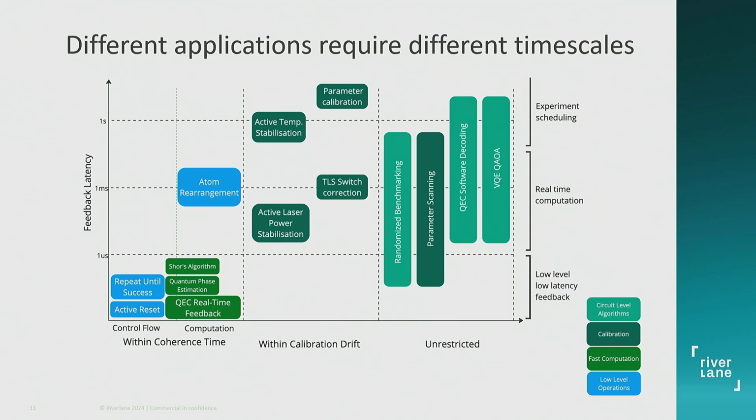We also have things like circuit-level algorithms and some calibration routines that can maybe be a little bit slower. We can do it within calibration drift. The latency then pushes up to maybe about a millisecond. But all of these considerations and all of these levels of feedback need to be exposed in a singular control system for us to really move forward to fault tolerance.